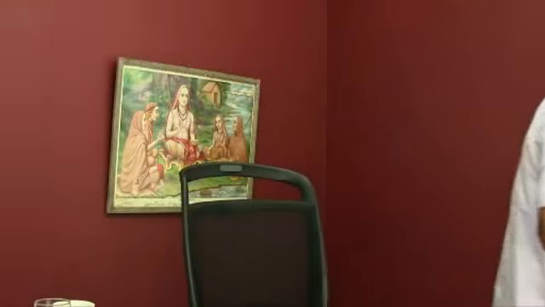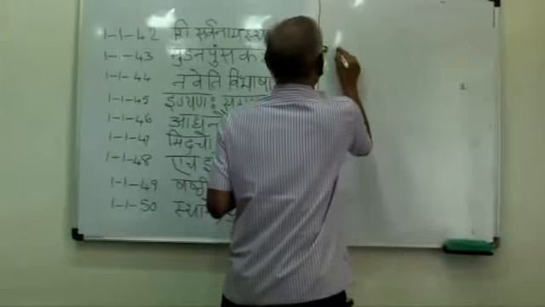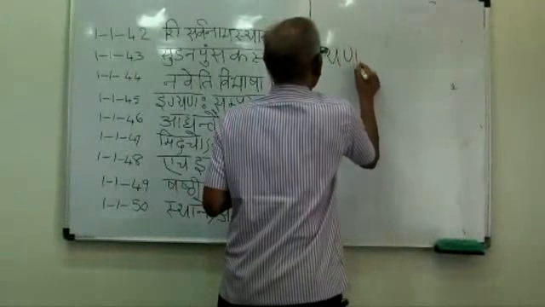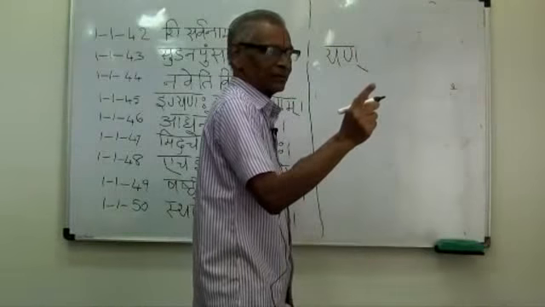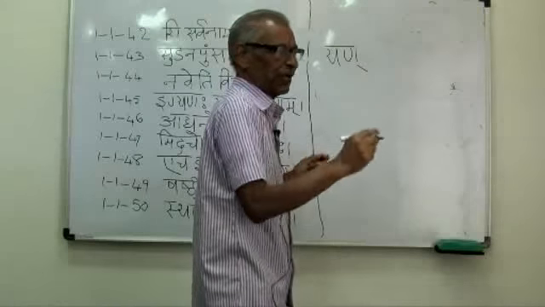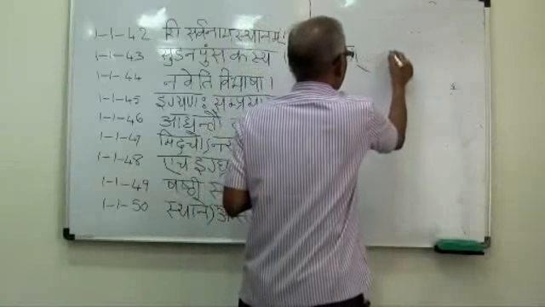Now, ik and yan also are pratyaharas. Haya, varat, lan are sutras in the Maheshwara sutras. From that yan is formed.